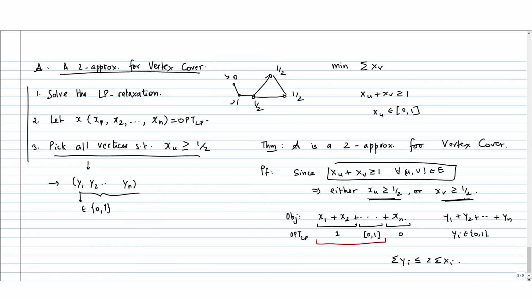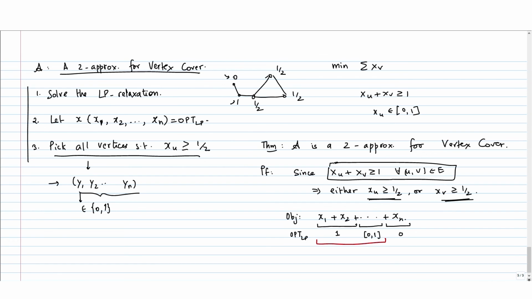Let's do it this way, do it again. So I made a mistake. So the algorithm is to pick every vertex whose value is at least half. The previous algorithm will also work, but for a different reason.